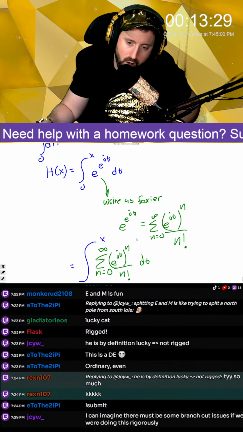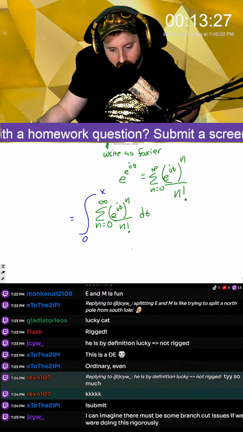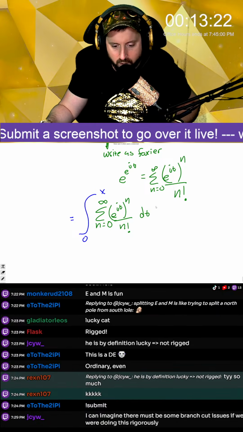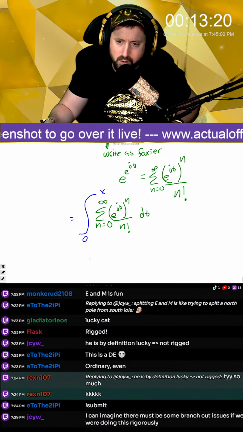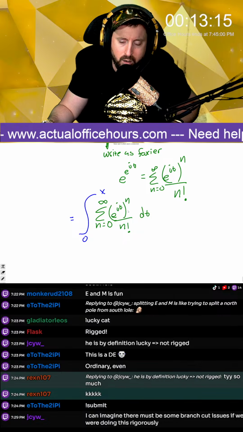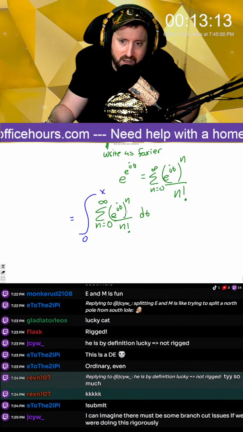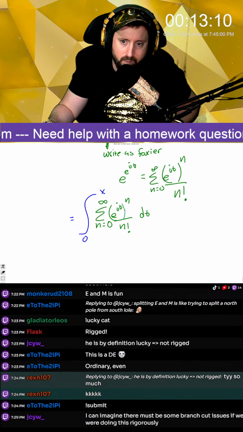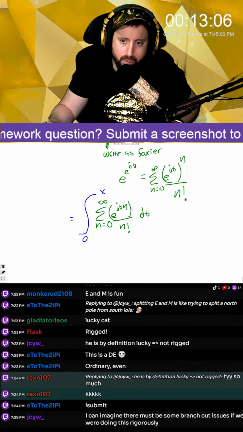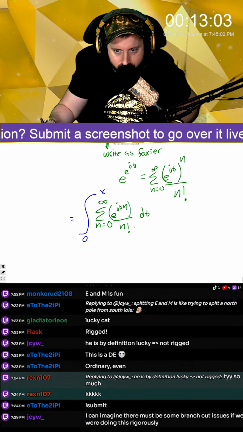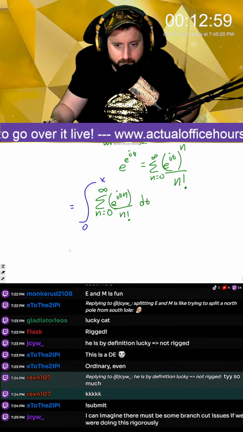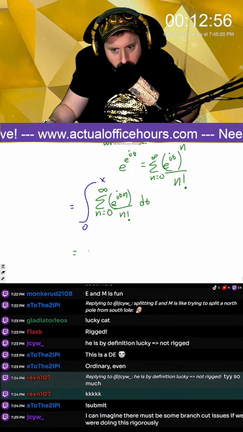Oh, and this is a power series, so we can just go about integrating term by term. We can swap the summation and the integral, and move the n factorial out of the integral.